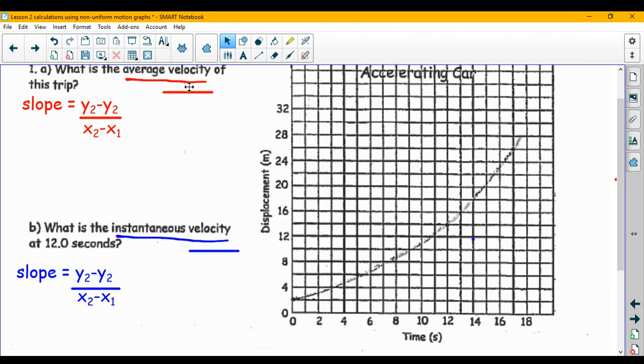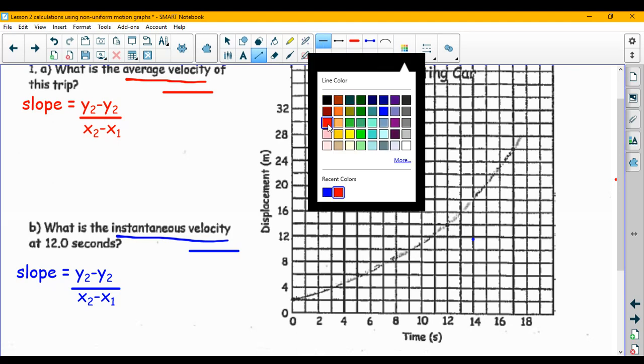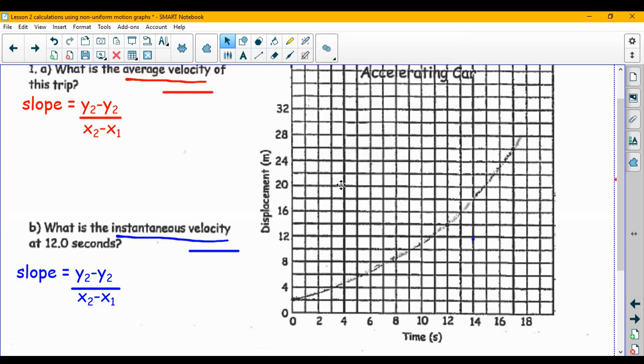So you'll notice in the first one, I'm asking for the average velocity. So because I'm asking for the average velocity, we're going to do the same thing we did when we dealt with uniform motion, is we're going to join the first point here to the last point and create our line.